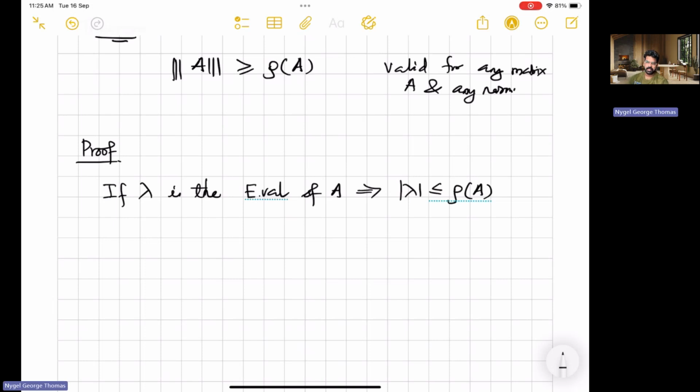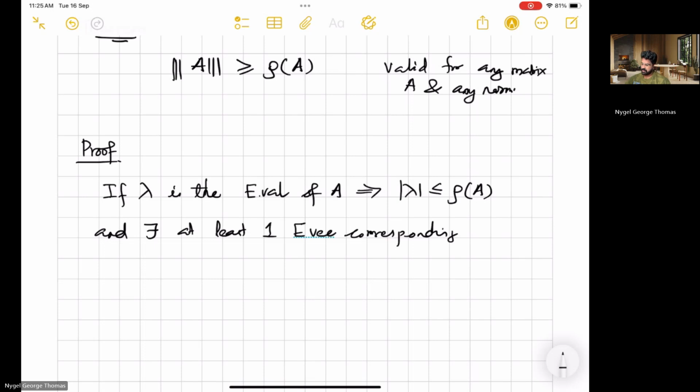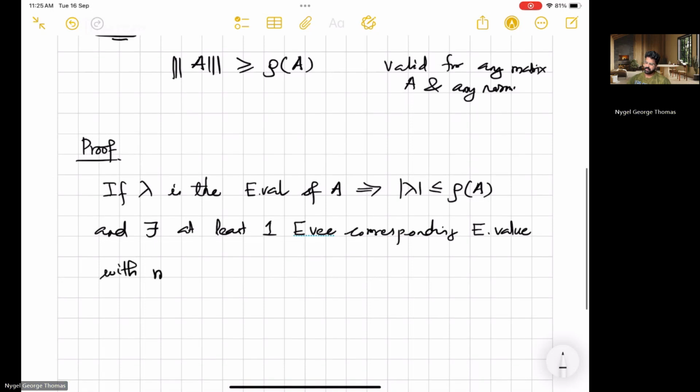Fine. So this is true, and there is at least one eigenvector x corresponding to an eigenvalue with magnitude rho of A. In fact, rho of A is not exactly the modulus of lambda max; if it's complex, then you can't initially compare.